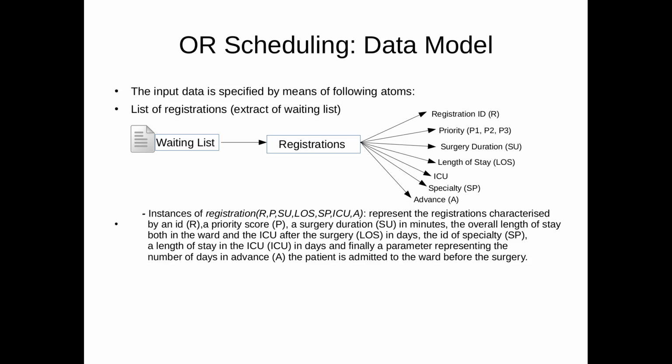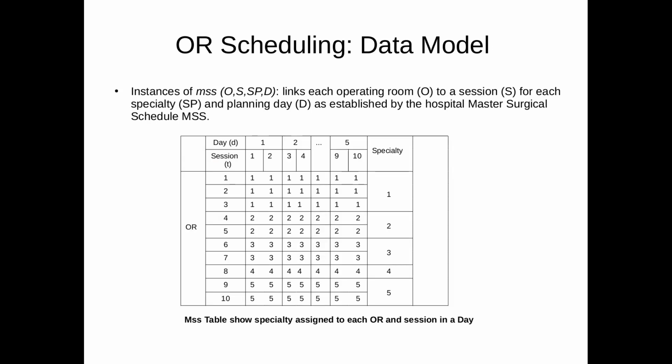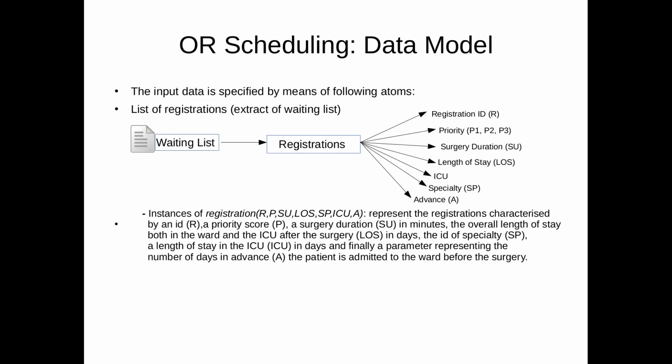And then we have the specialty and an advanced parameter that shows whether a patient comes 1 day before, because some patients are supposed to come a day before the operation, and others can come on the same day. So it's different cases. Okay, so this atom registration RPS is a complete atom for the registration predicate, and it includes all these parameters for a particular patient.